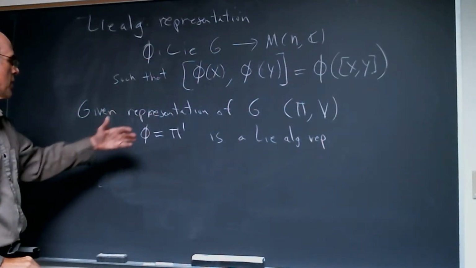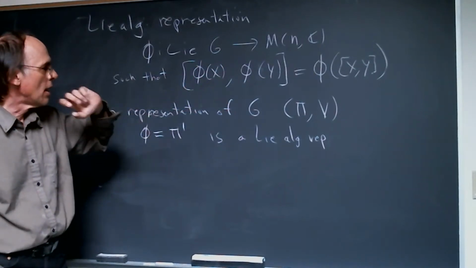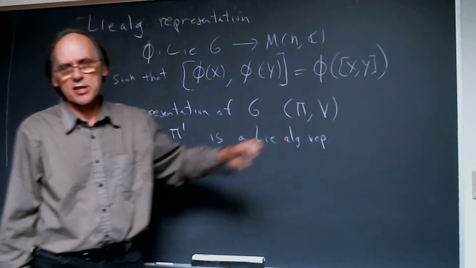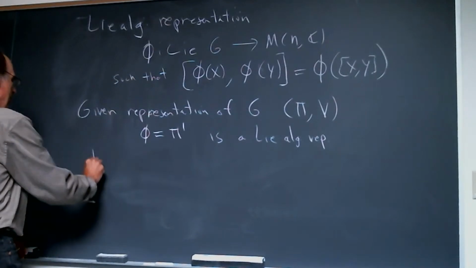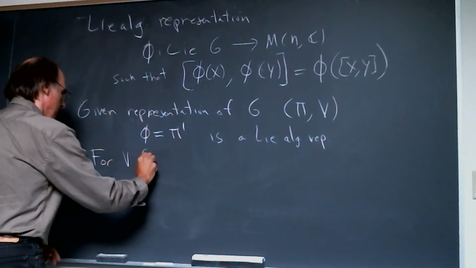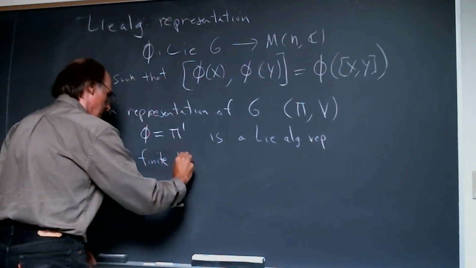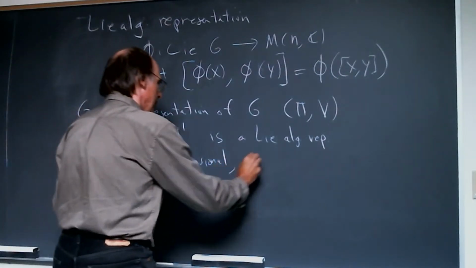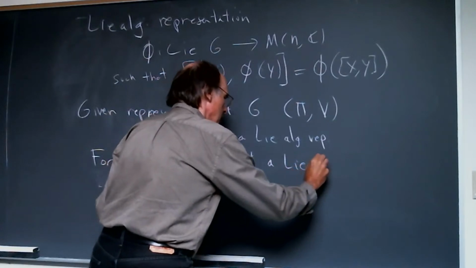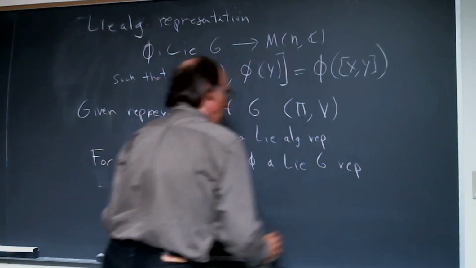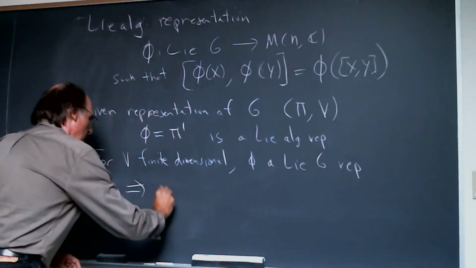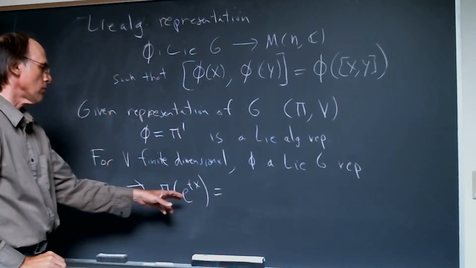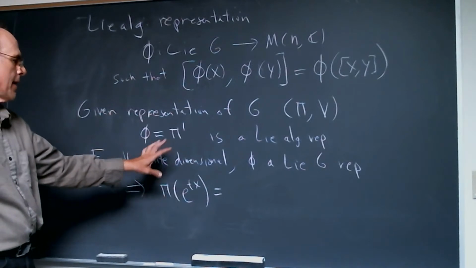And then it turns out, for the cases that we're interested in right now, where the representation is on a finite dimensional vector space V, if phi is a representation of the Lie algebra, then pi of e to the tX is equal to e to the t phi of X, which is a G representation.